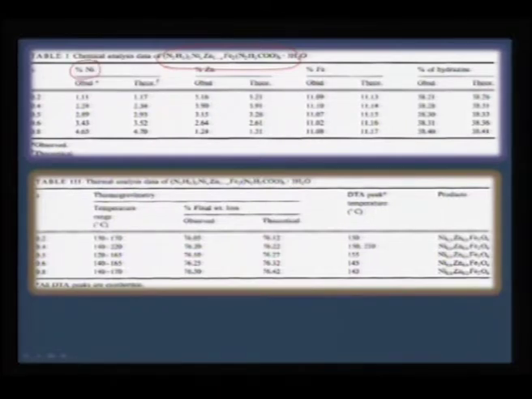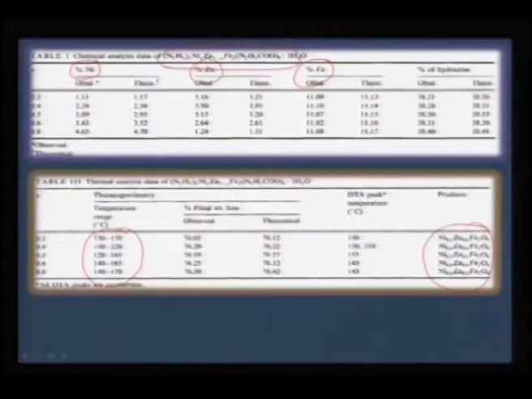For example, we can analyze quantitatively the nickel, zinc and iron present in the precursor, and make sure that we have the right stoichiometry. As you would see here, these precursors are decomposing well below 200 degrees C, which is never possible through any other method, and because they are highly exothermic in nature, you can make the whole series of nickel zinc ferrite.